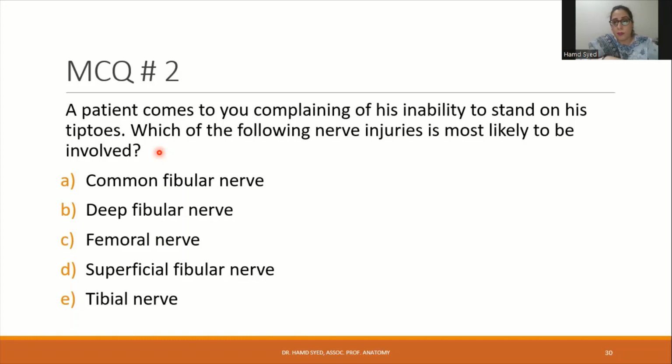This action of the foot is known as plantar flexion. Now the plantar flexors are present in the posterior compartment of the leg, and they are supplied by the tibial nerve. So this is the nerve injury most likely causing an inability to stand on the tiptoes.